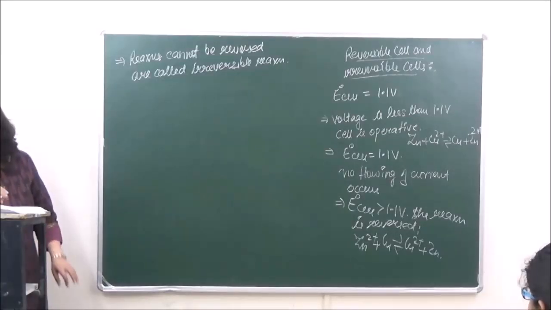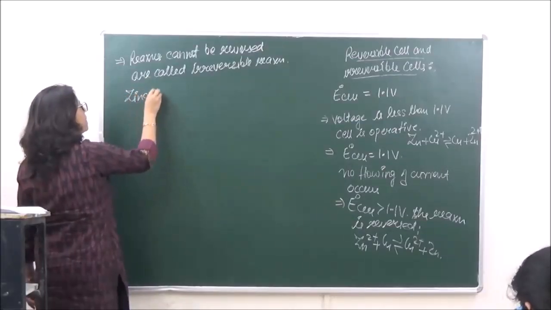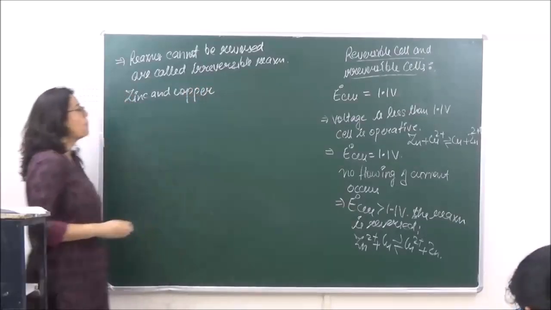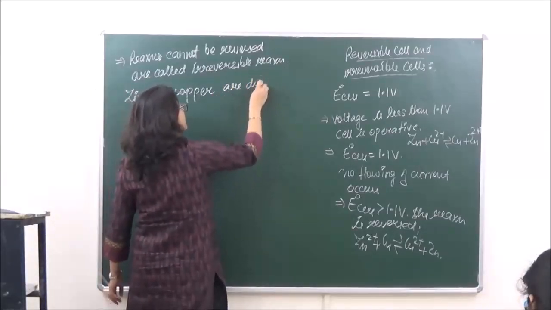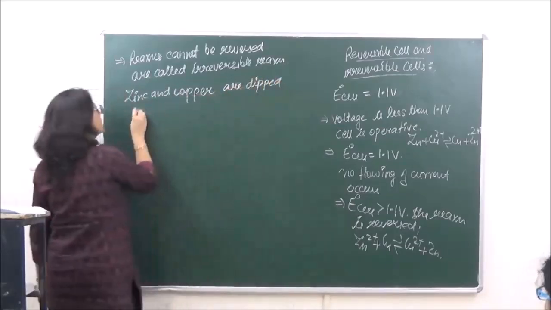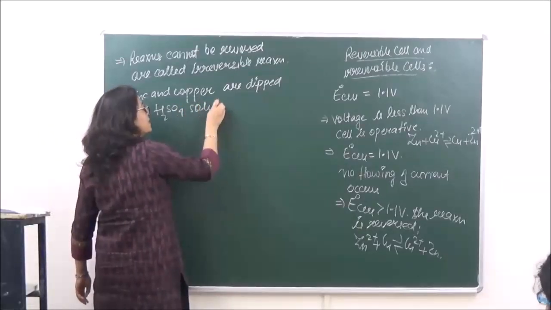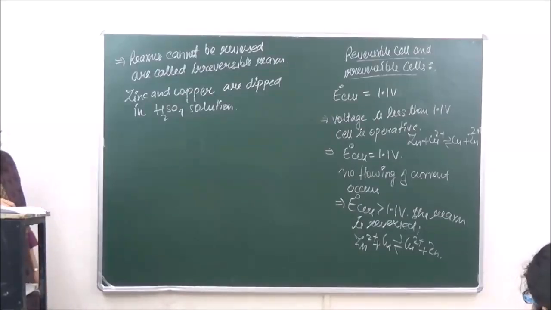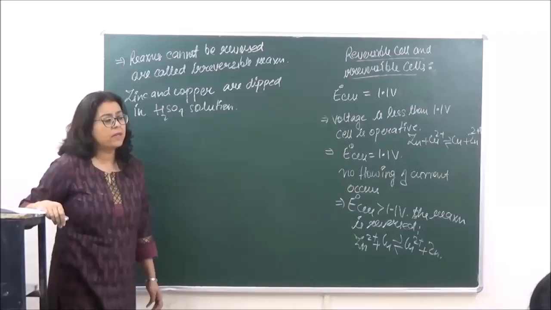Like for example, we have zinc and copper, both dipped in aqueous H2SO4 solution. Such a cell that cannot be reversed is known as an irreversible cell. Clear?